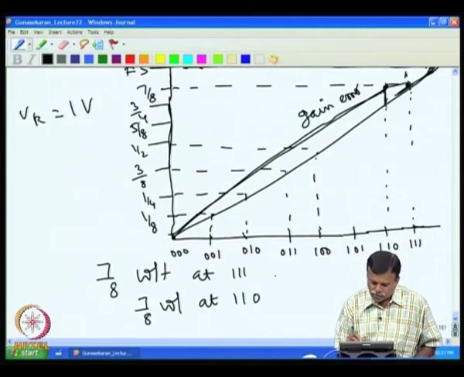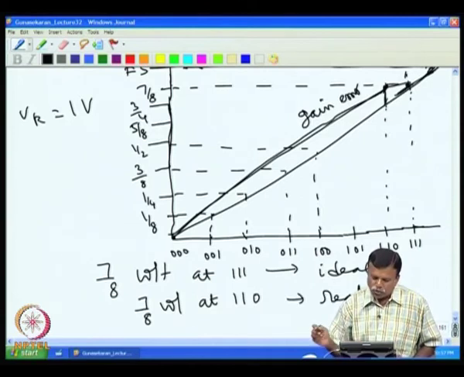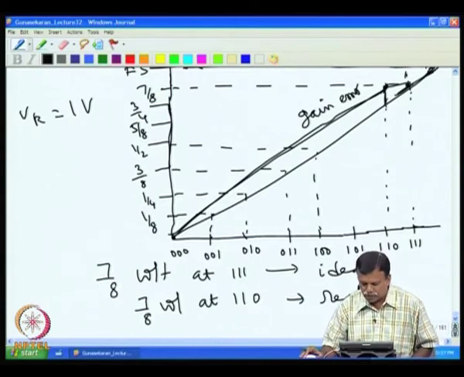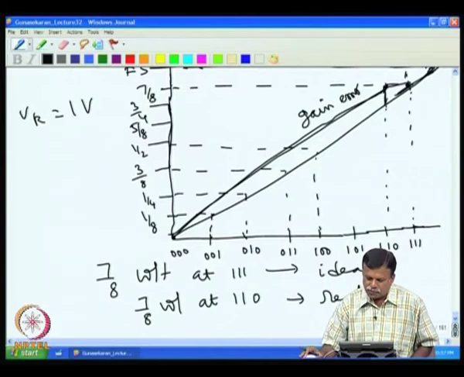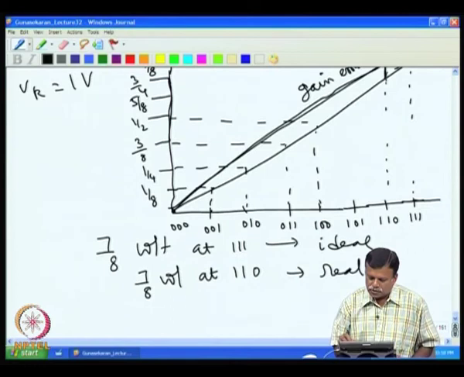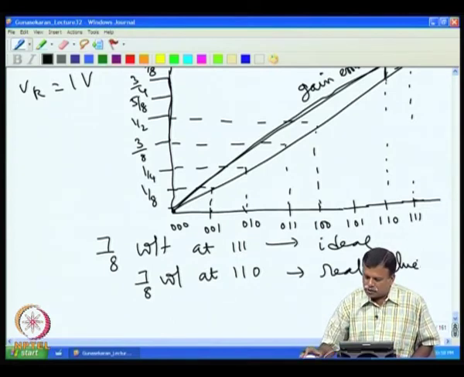That is the ideal case, and this is what we got. So, this has a 1 LSB gain error at the output, that is, at the maximum value you have 1 LSB gain error. This is one type of error.